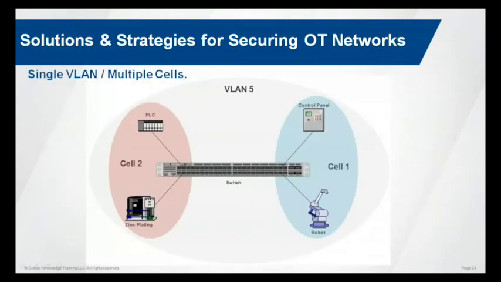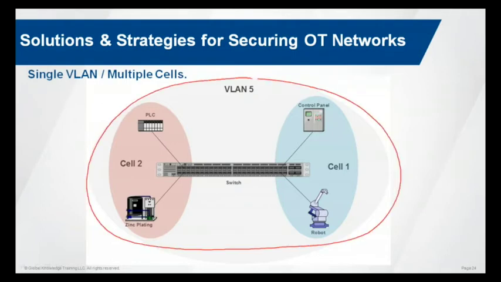Just to give you an illustration of organizations that are using a single VLAN for control systems and multiple cells. Let's say here I have one VLAN, VLAN 5. I'm using a single VLAN, but I have multiple production cells. Maybe this is for cell number 1, maybe this is for the heat treat, and this is for my coating.